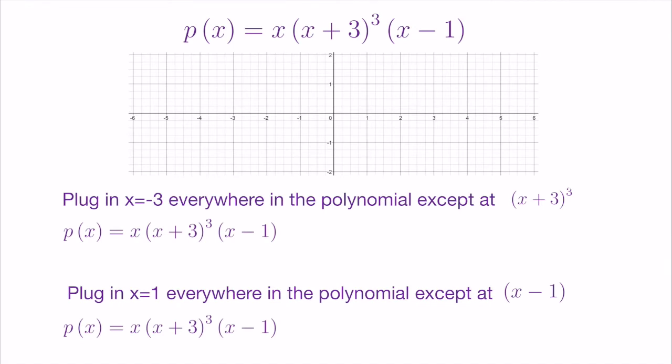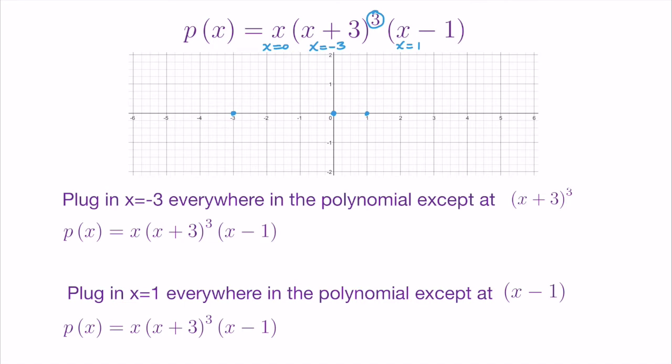Let's analyze the local behavior of p of x. The first thing is, let's establish the roots. Roots are x equals 0, x equals -3, and x equals 1. So 0, -3, and 1. Let's analyze the local behavior at -3. We know that because the corresponding term has an odd power, it crosses the x-axis. But how does it cross the x-axis?